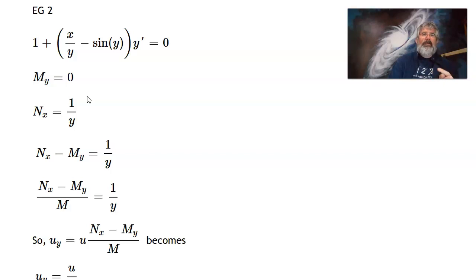So what I'm going to do is look at the difference of them, Nx minus My, which is just 1 over y, that's just a function of y. And I notice that M over here is just a constant, so you can think of it as just a function of x or just a function of y, because I don't have either variable in it.